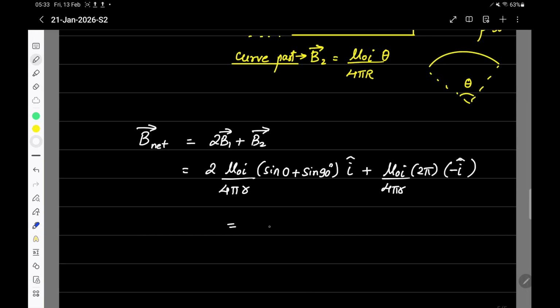This will be equal to mu naught I by 2 pi r minus mu naught I by 2r, the entire thing into I cap.